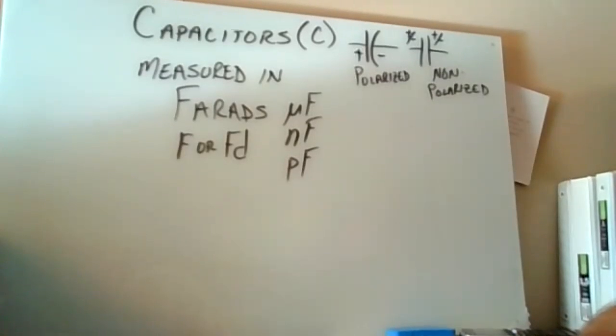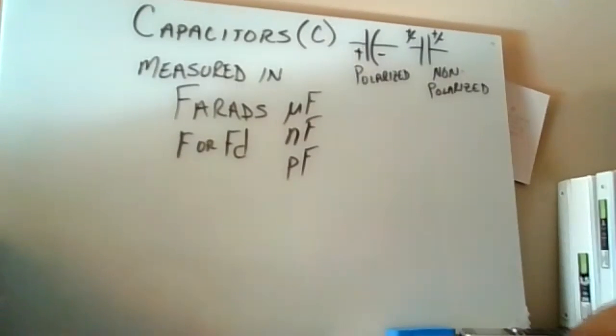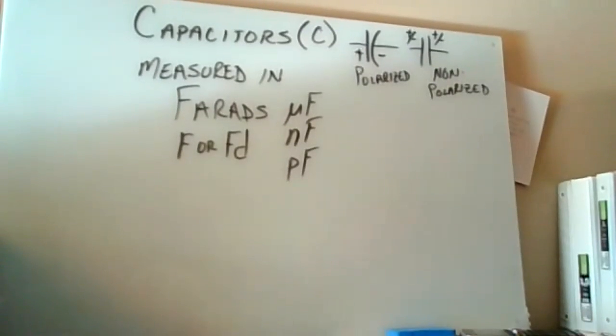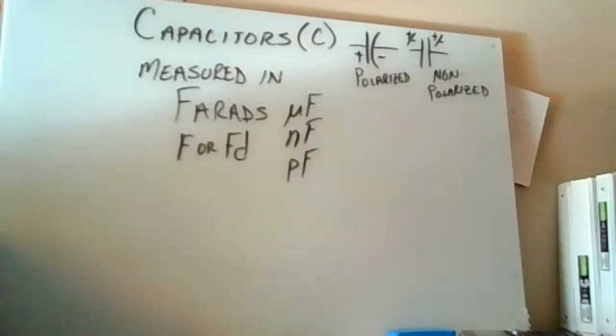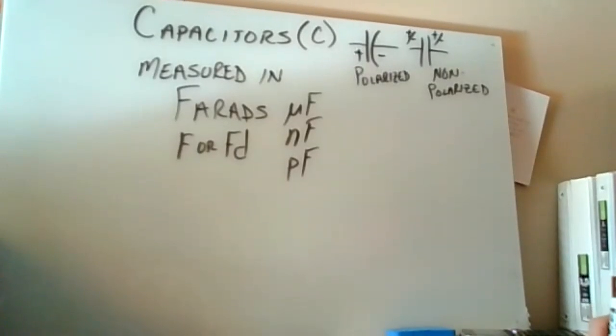So here's my question. Let's say I've got a circuit that's got resistors and capacitors in it. Well, if it's a series circuit, how do we find the total resistance? We just added up all the resistor values, right? Well, let me ask you this.